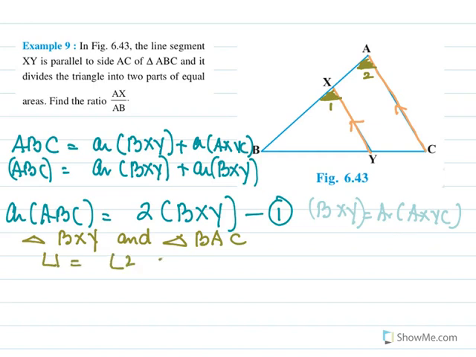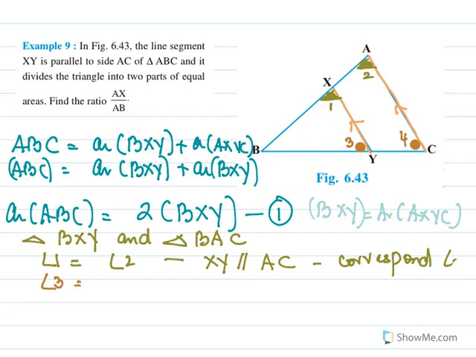We have angle 1 equal to angle 2, and the reason is XY parallel to AC, and these are corresponding angles. In a similar way, these 2 angles will be equal. We'll call them angle 3 and angle 4. So angle 3 equals angle 4, same reason, corresponding. So the 2 triangles now are similar.